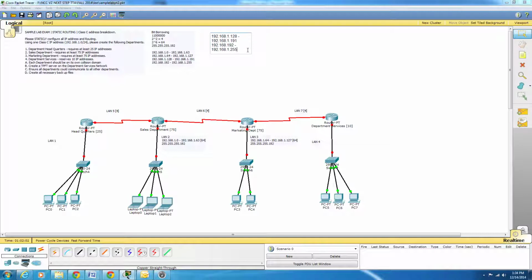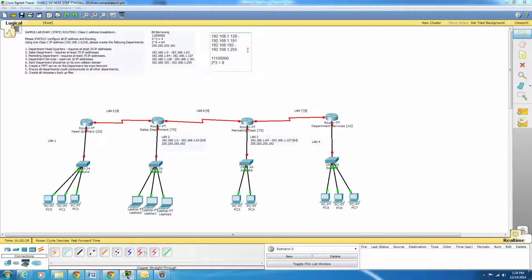If we borrow 3 bits, it'll be 1, 2, 3, and 1, 2, 3, 4, 5 to get our 8 bits total. 2 to the 3 equals 8 different segments of 32.